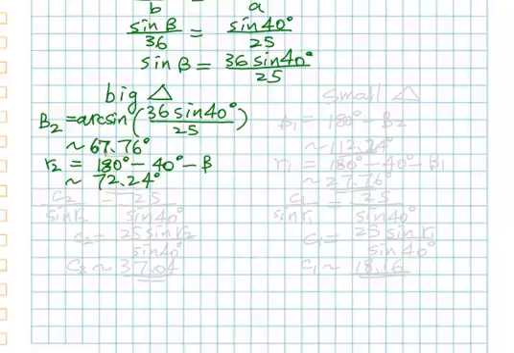Using the law of sines again, C sub 2 over sine of gamma sub 2 equals 25 over sine of 40 degrees.